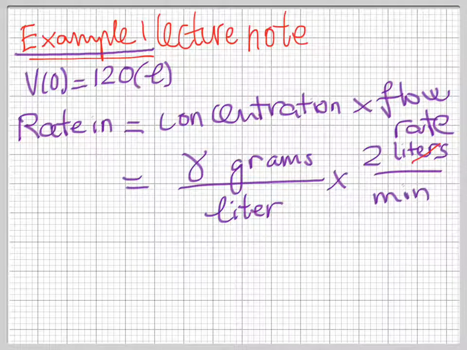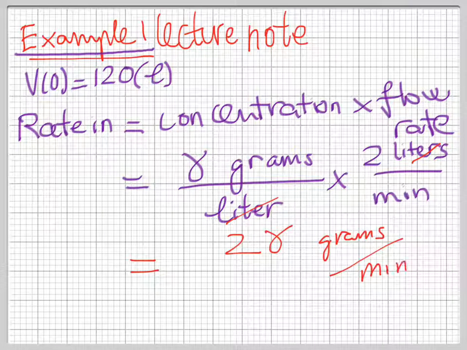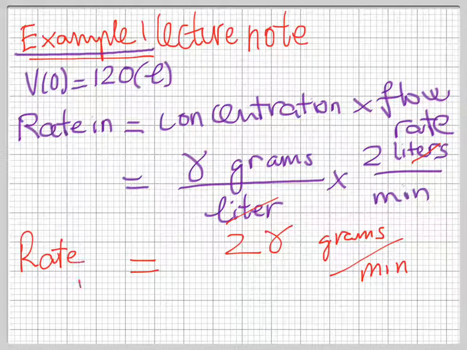After cancelling liters, the final unit is grams per minute, which makes sense, right? Because the rate of change of the chemical substance in terms of time should have units of grams per minute. That's the rate in. And how about rate out?